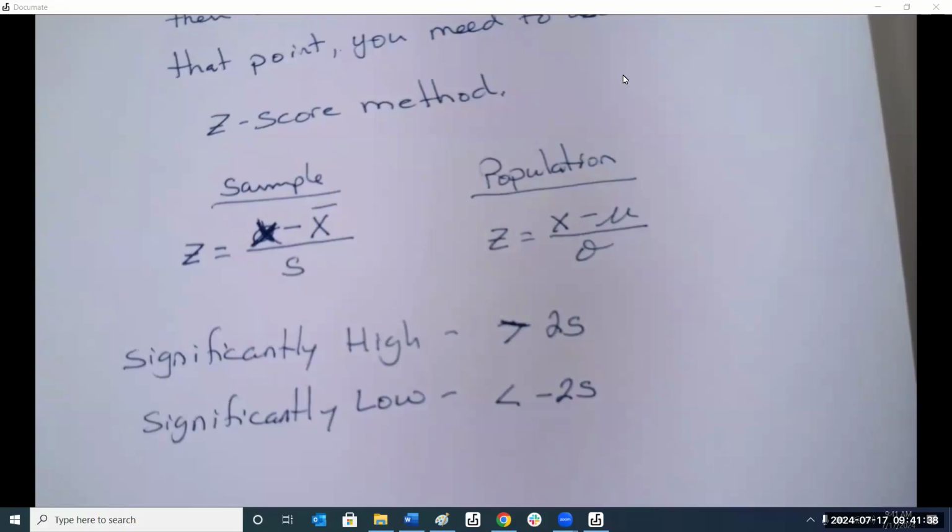What do you call the stuff in between? Not significant. Because the closer you get to 0, the less informative that information becomes. It doesn't tell us much.